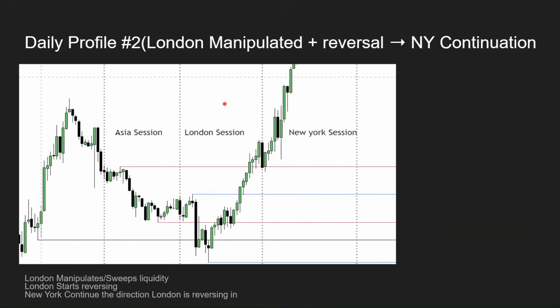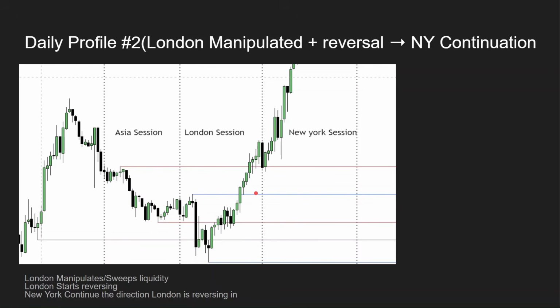Now the second daily profile: London manipulation, then a reversal, and then New York continuation. Here we have the Asia session highs and lows, and this is a key low that we have. London session goes ahead, manipulates these lows, the Asia low and this key low, and sweeps liquidity.